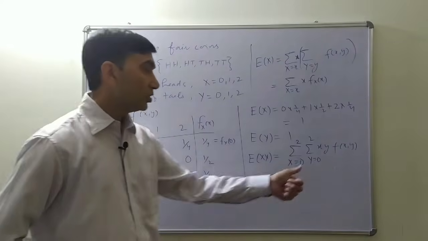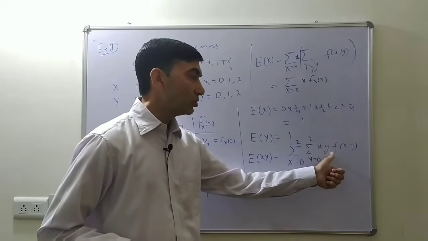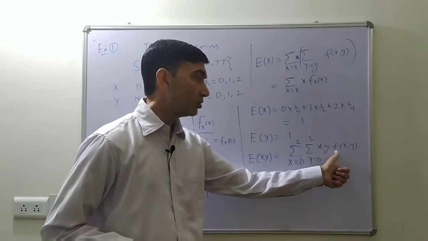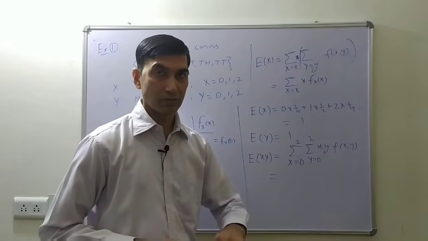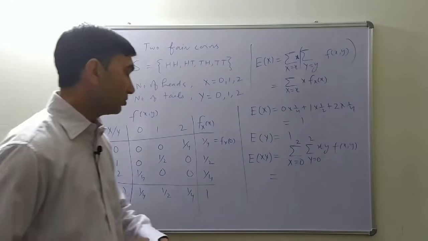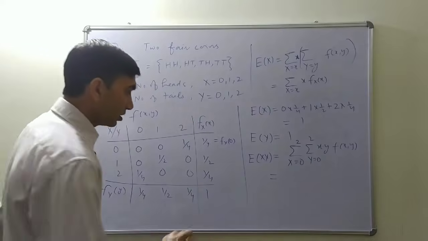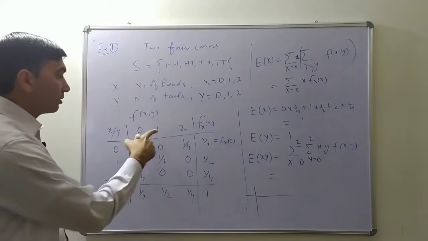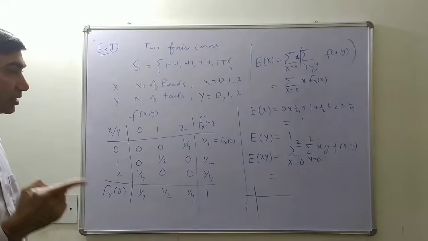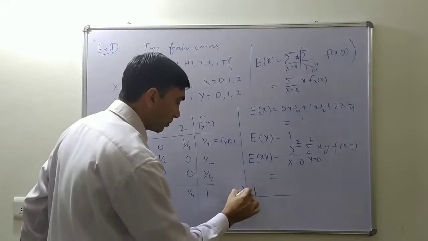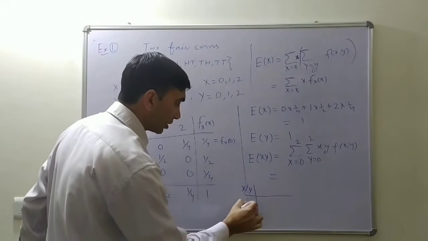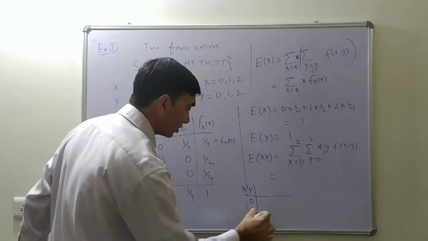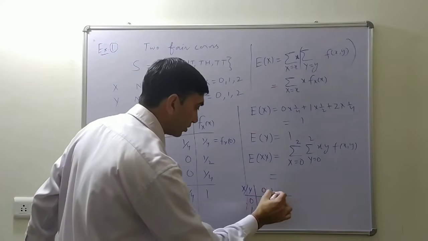In this case, we need to multiply x into y values with the corresponding f(x,y) values. So let me tell you an easy way to do this. You have already the table for f(x,y). Let's create a new table for x into y. Here you have x values, here we have y values.